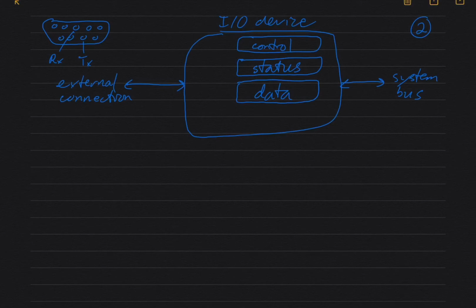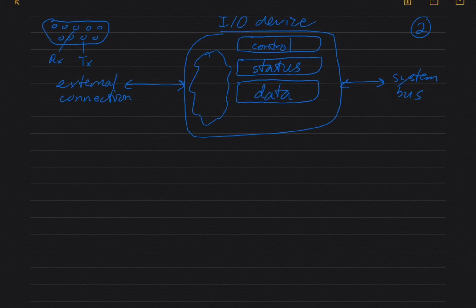And that is, if you're sending data from the CPU, or the processor I should say, you're going to write stuff to the data register on the I/O device interface, and then the circuitry over here will send that out the external connection, or data that's coming in will be received and put into a data buffer that can then be read from the processor.